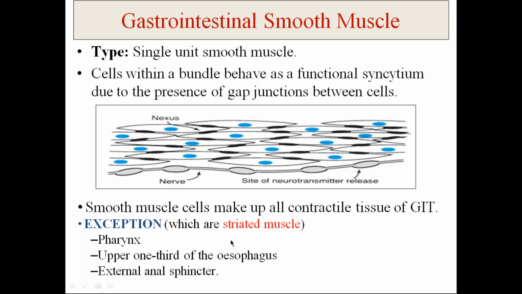You could be asked in your viva voce examination also to enumerate the areas in the GIT which have striated muscles, right? So here you have the three examples which are given, or you could have an MCQ also, which one of the following is not striated, or which one of the following is not smooth muscle in the GIT.